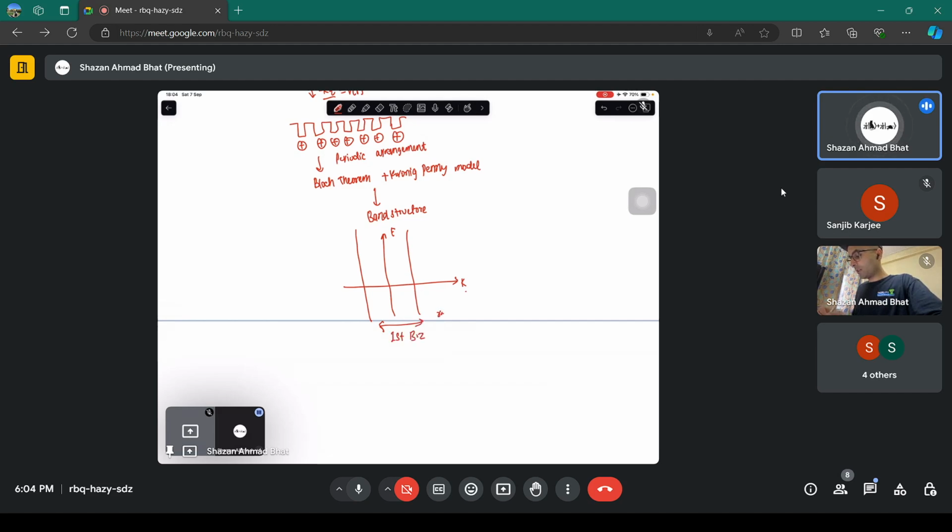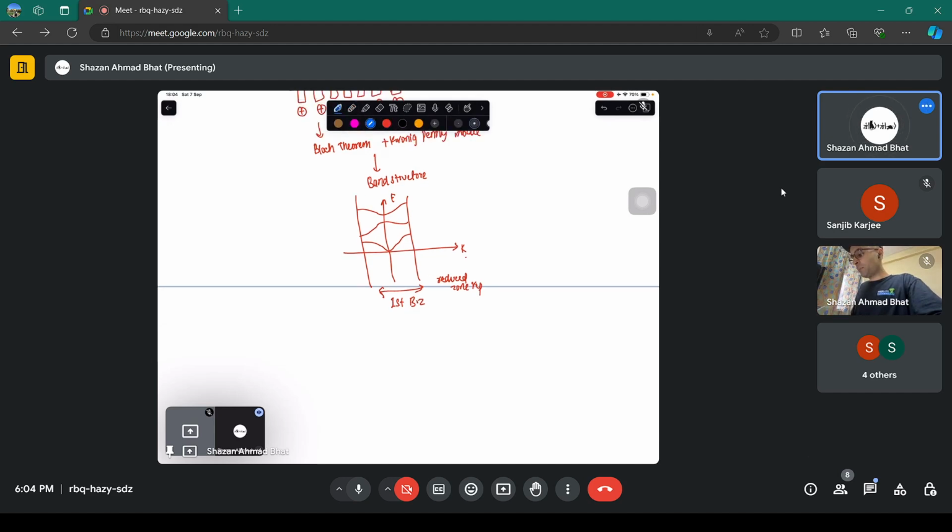This is the reduced zone representation, and these are the allowed or acceptable energy levels in the first Brillouin zone of the crystal.